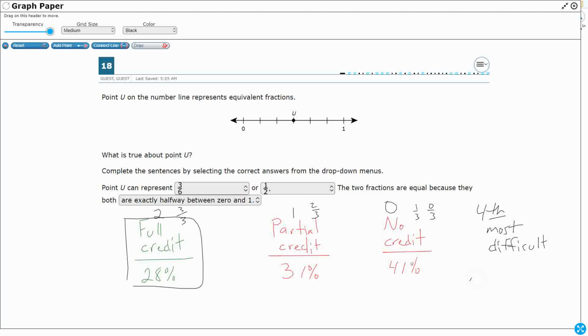This is only the second time that this TEKS has been tested ever on the STAAR test since 2016. So this might be a TEKS that is not necessarily taught as much because it doesn't have a rich testing history. And quite honestly, even if we could understand this 3/6 and 1/2, I think they really kind of threw us a bone here by cutting this into six.